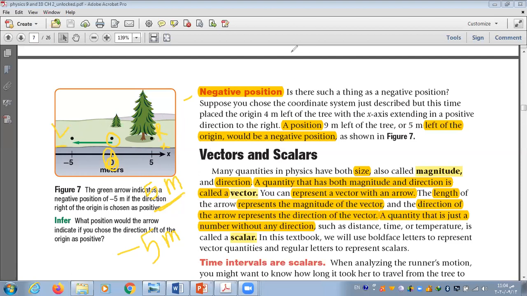If I choose right as positive and left as negative, and I tell you that Muhammad Saud moved 5 meters, what do you understand? Did he move to the right or to the left? Answer on chat.